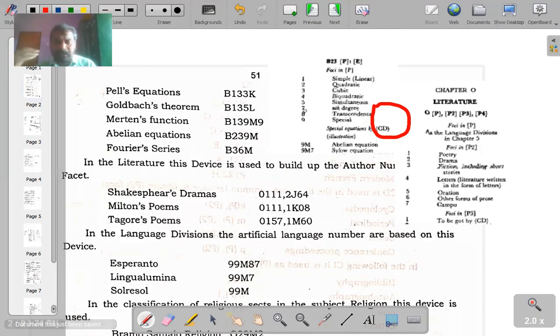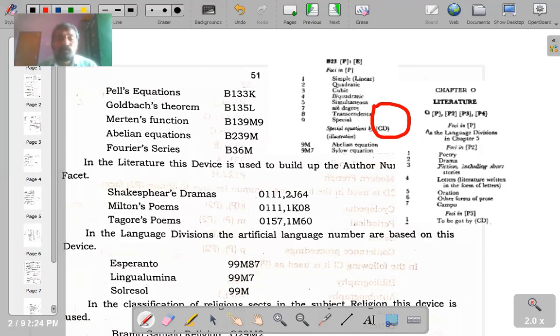It is already available, given by Ranganathan in his book. But there may be hundreds of special equations, and not all of them are given ready-made numbers in colon classification. So you have to generate and give your own numbers for different equations.